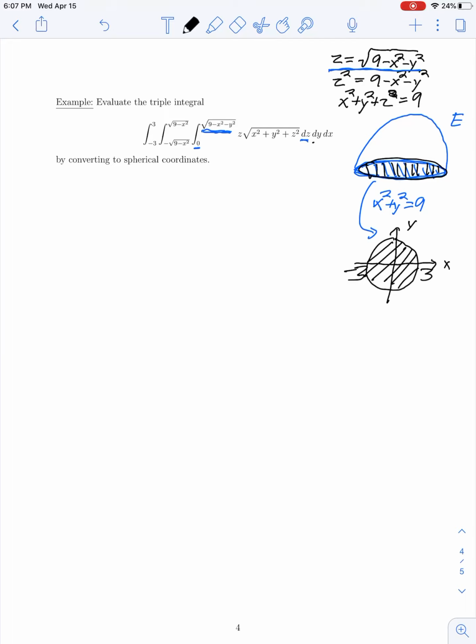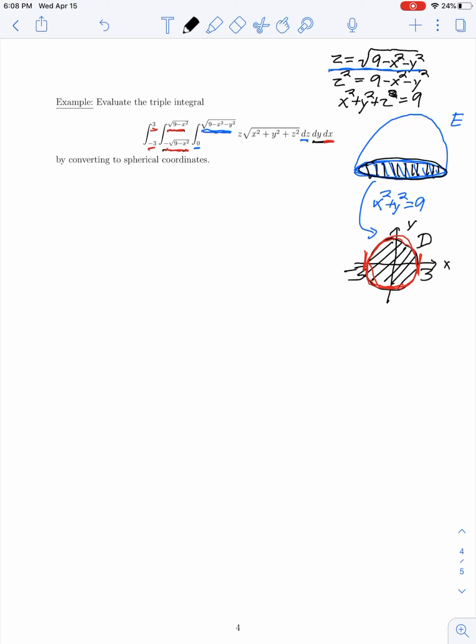So moving to our outer integrals with respect to y and x, we see y ranges from the negative square root of 9 minus x squared to positive square root of 9 minus x squared. So maybe let me use red here. That describes our upper half circle and lower half circle of radius 3. And then our x values are ranging from -3 to +3. So we are integrating over the full disk. Let's call that disk D for now.